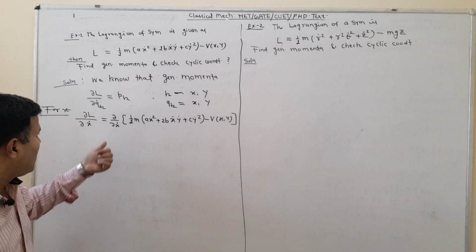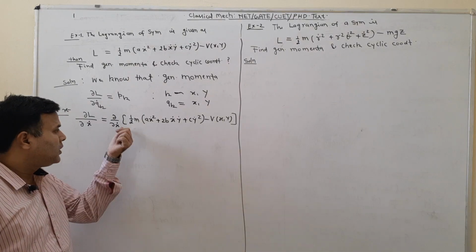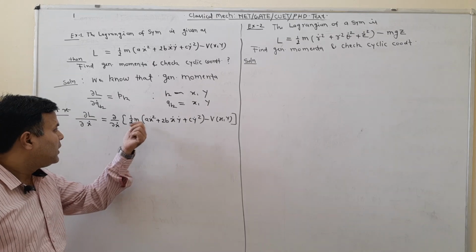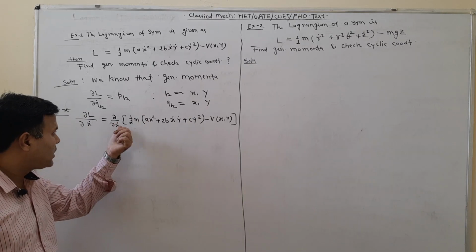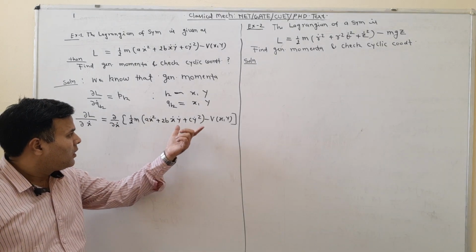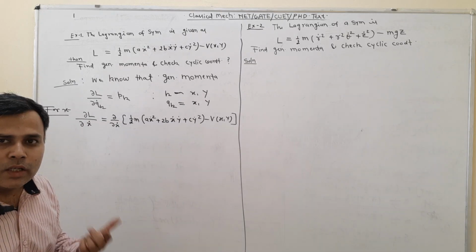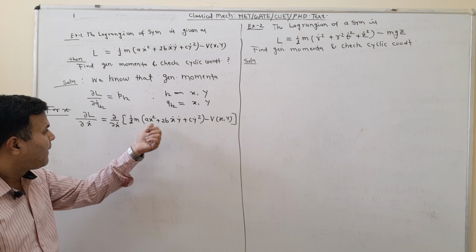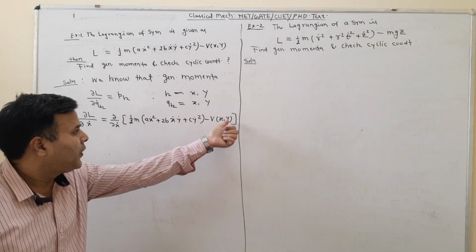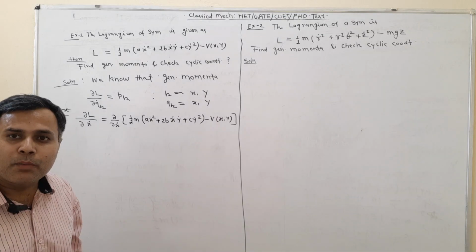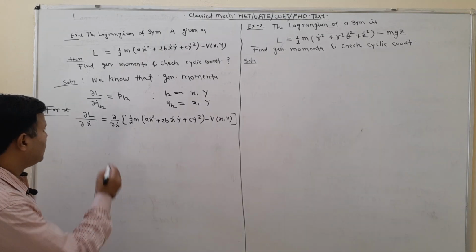Now we differentiate this partially with respect to x dot. The rest of the terms are treated as constants: y dot square and V(x, y) are constants, and the differentiation of a constant is zero.